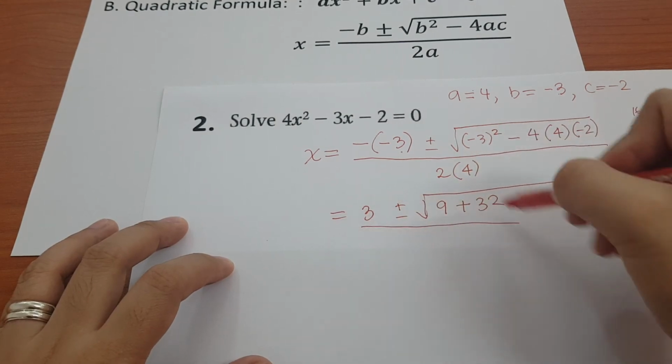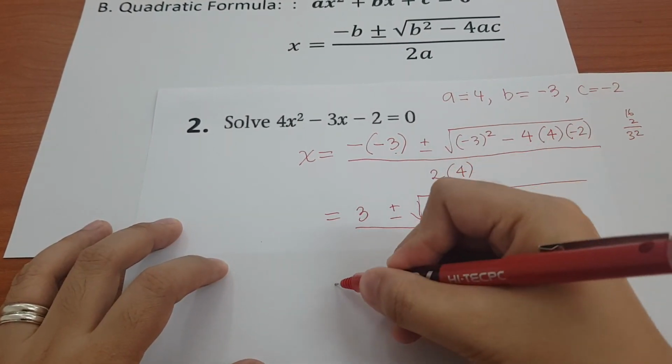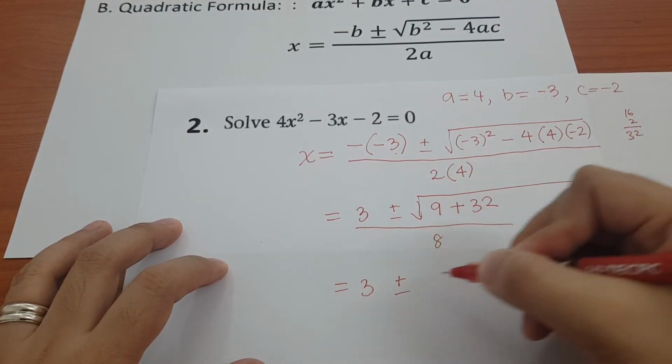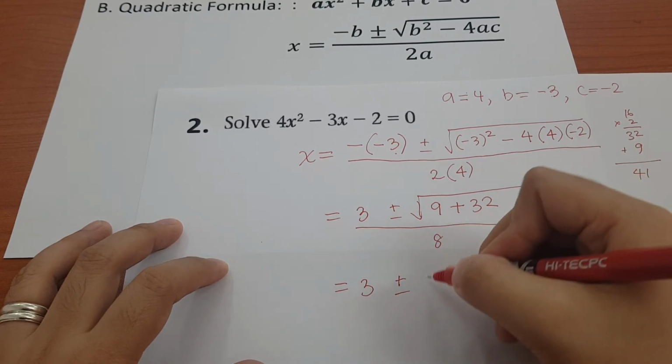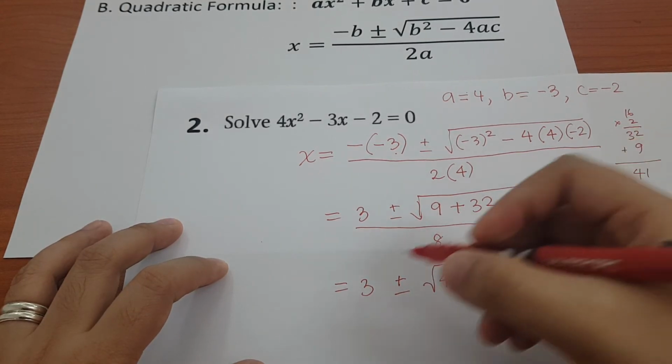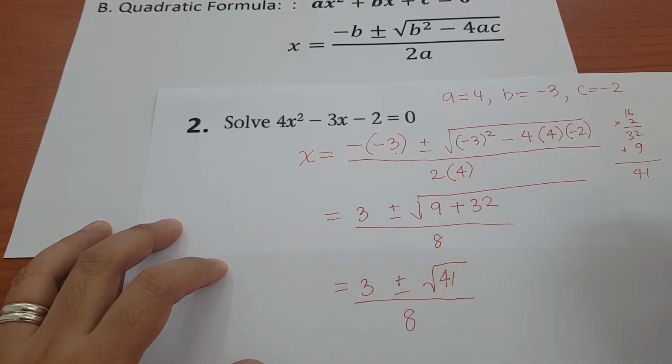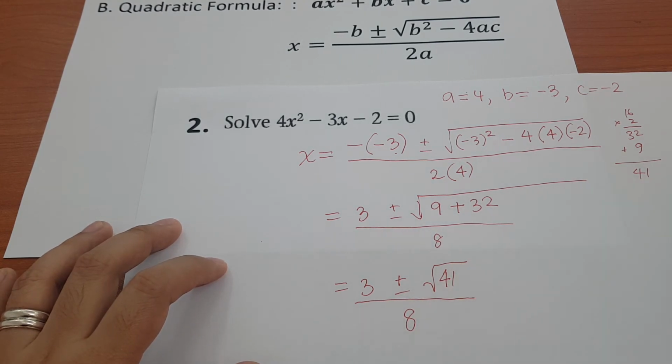All over 2 into 4, which is 8. So 3 plus and minus the root of 32 plus 9, which is 41, so plus and minus the root of 41 all over 8. Now in this case, do we have a root of 41?